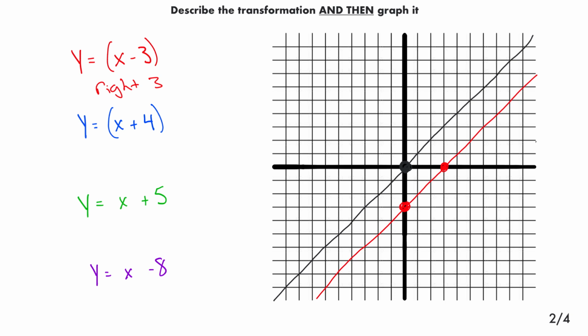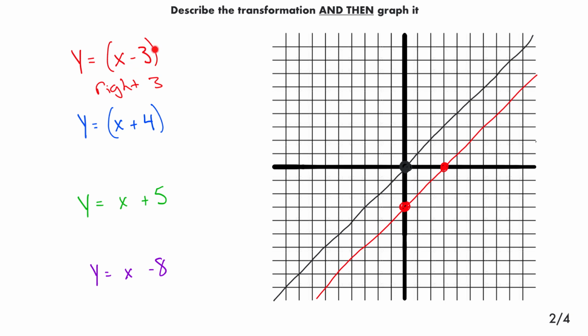I am advising you, though, to help you with future lessons in this chapter, if there are parentheses present, I highly recommend that you look at it as moving left or right. It'll help you in subsequent lessons we're going to do in the following sections. So for problem number 2 in blue, I have a y plus 4.